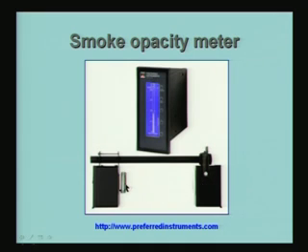By measuring the amount of light leaving here and what is received here, we can find out the opacity of the intervening medium, and of course, we know the length of travel of the light through the particle-laden or smoky gas. So, this can be connected right at the exit of the chimney or the stack, and you can measure the concentration in situ.